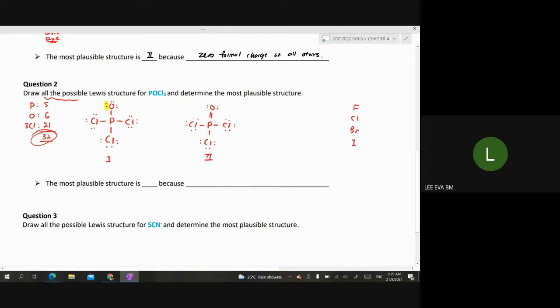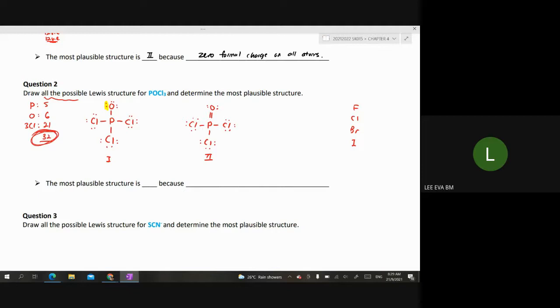It's still the same: the number of valence electrons surrounding structure 2 is still 32. Masih sama lagi lah. So maksudnya kedua-dua structure ni adalah betul, dengan valence electron yang cukup. So now we only have 2 structures because chlorine can only make single bond, so there is no double bond on chlorine.